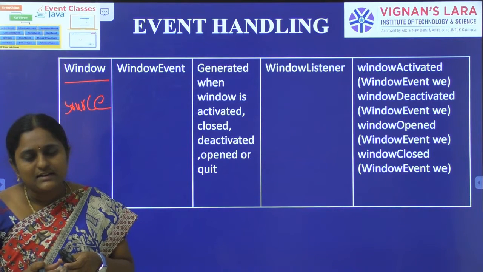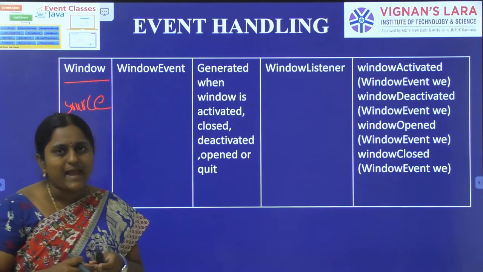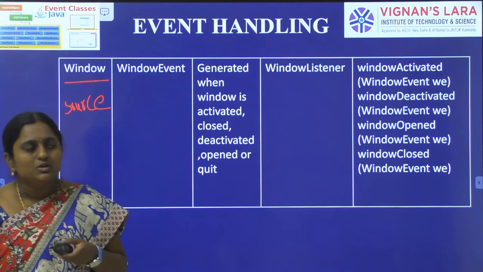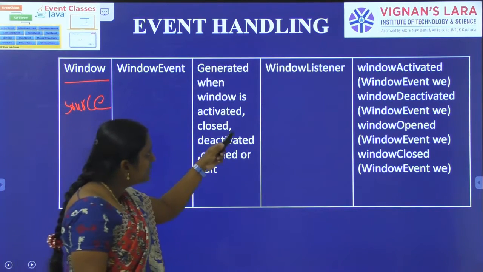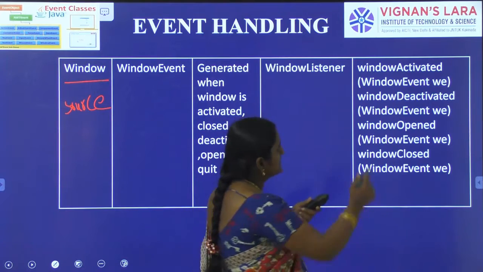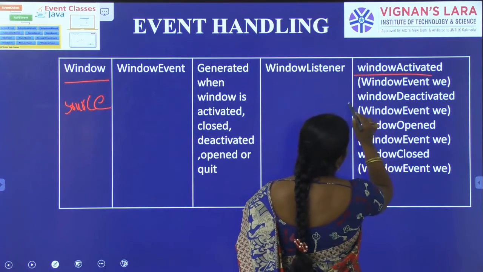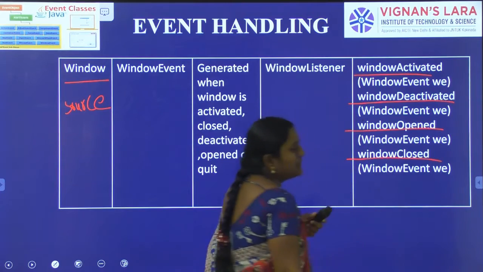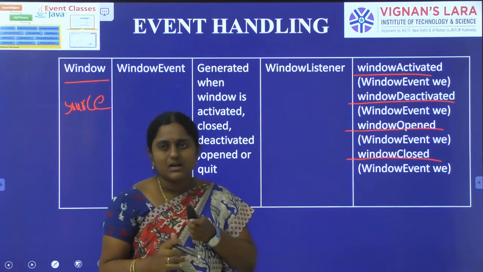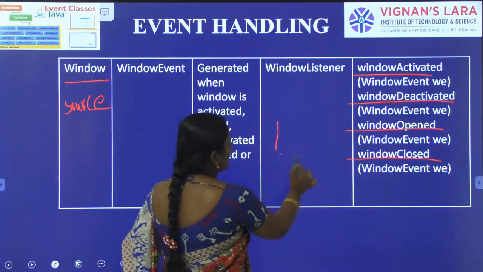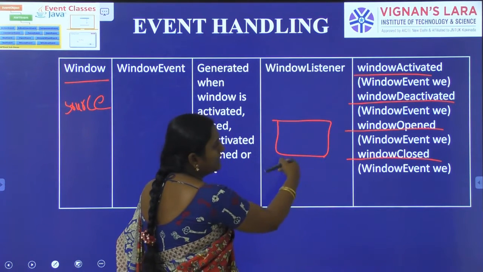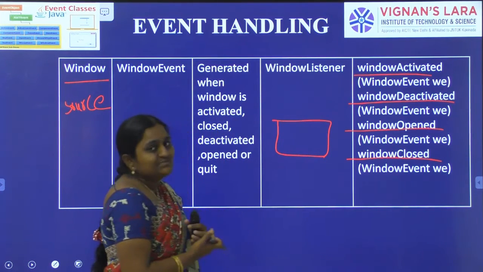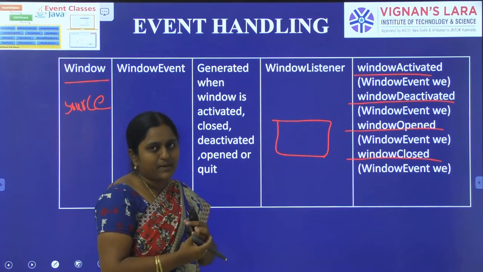Whenever an event is generated, the corresponding listener interface will be activated and it will take care of those events. Here WindowListener is the interface. It defines the window activated method, window deactivated method, window opened method and window closed method. Window opened means the first time we open any window, and the window opened method is performed.